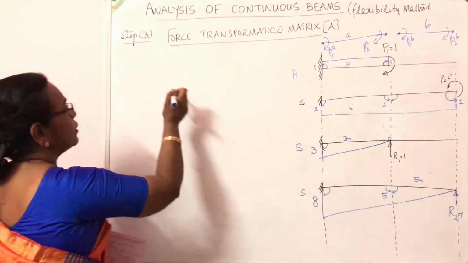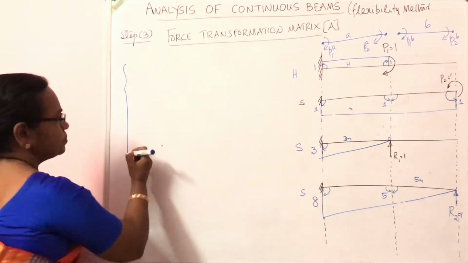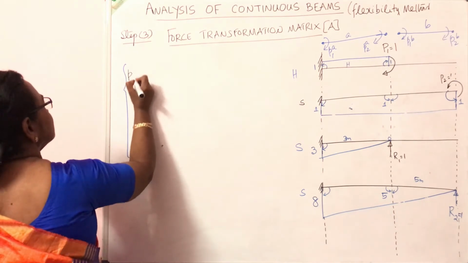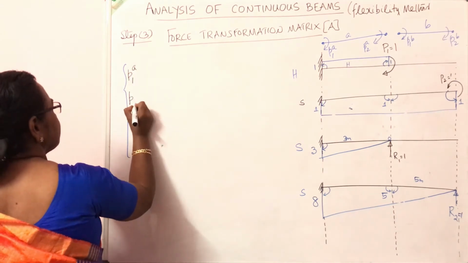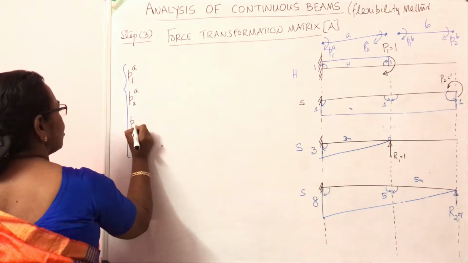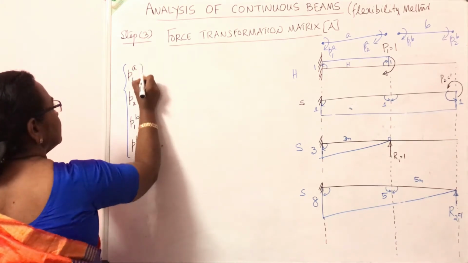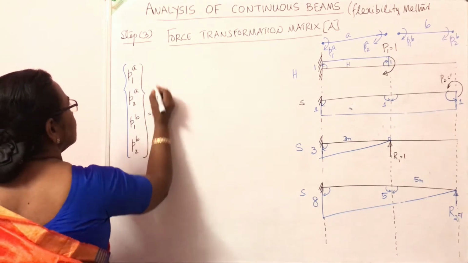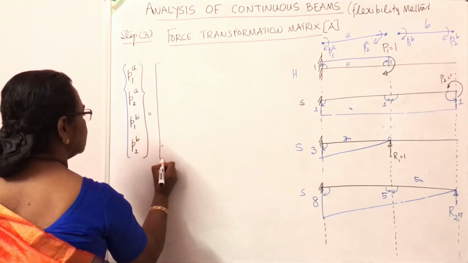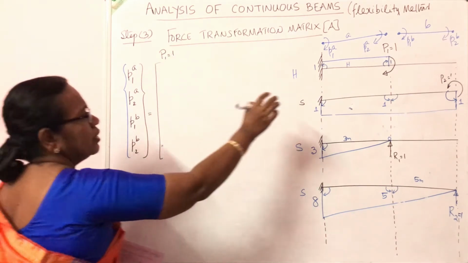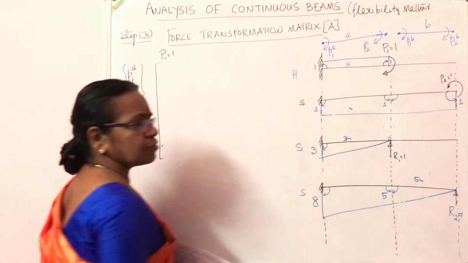Now we can easily write P1 of A, P2 of A, P1 of B, P2 of B. The first column is, by giving capital P1 equal to 1, the values at both ends of the elements.